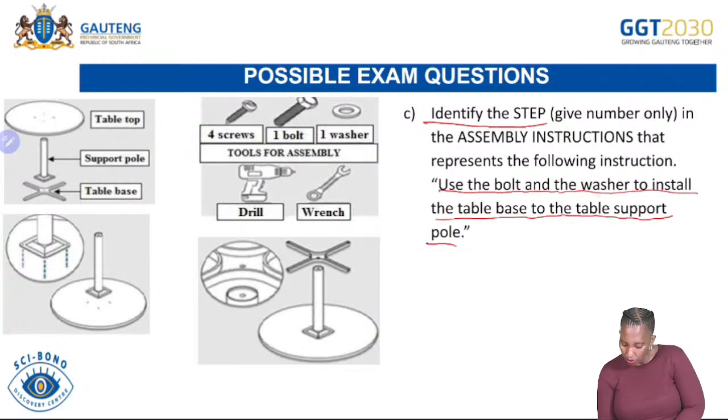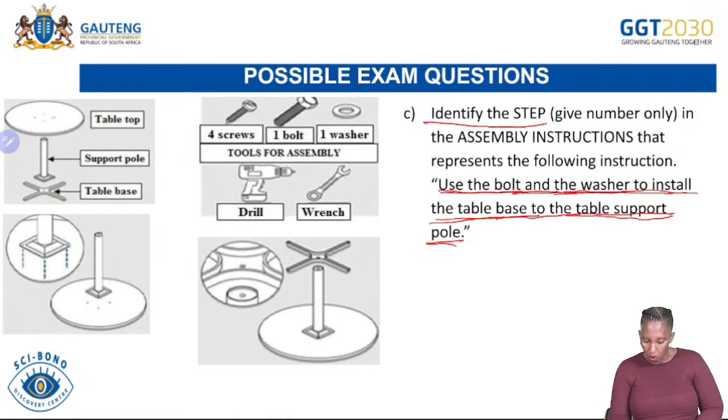It says use the bolt and the washer to install the table base to the table support pole. So now we go back to our instruction sheet. We look, okay, this one is a table base, and then here is the support. This one is a support. As I can see, there's the tabletop. Now the screws are there, and then the bolt and the washer is there.